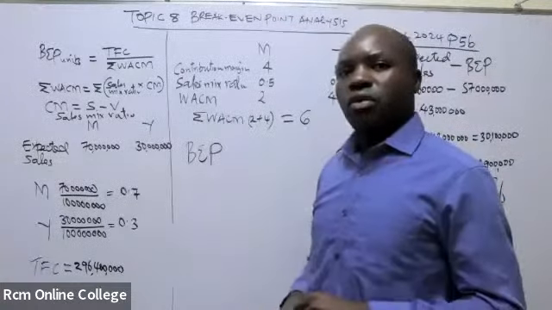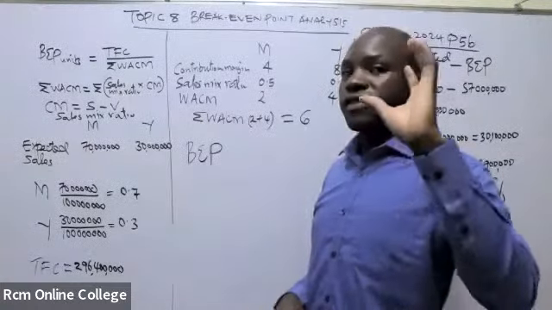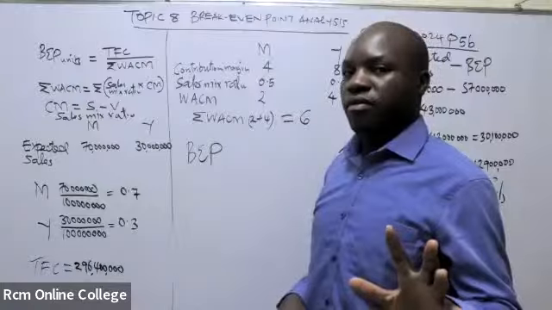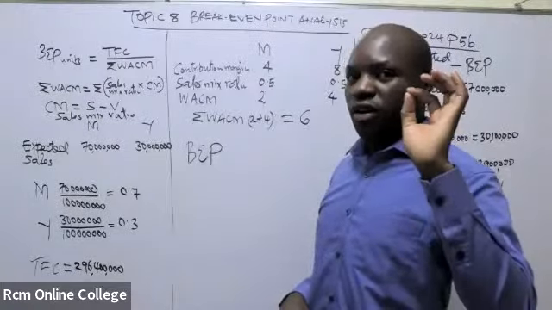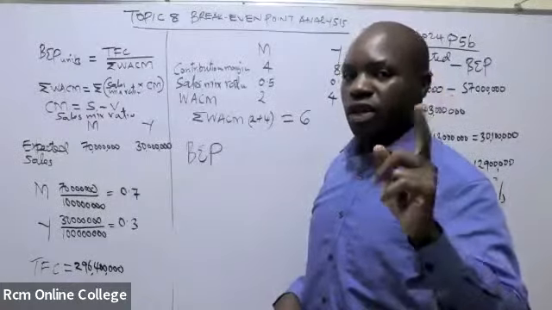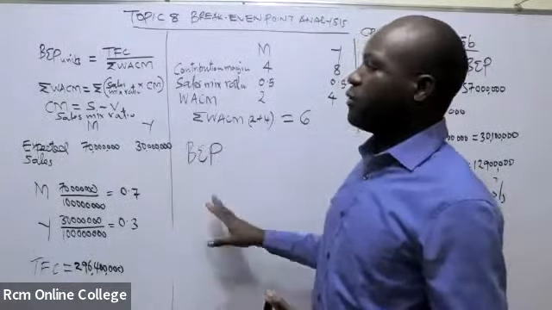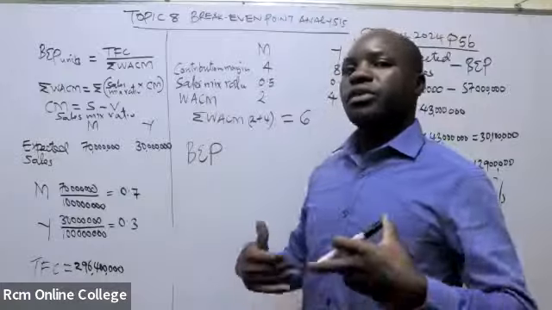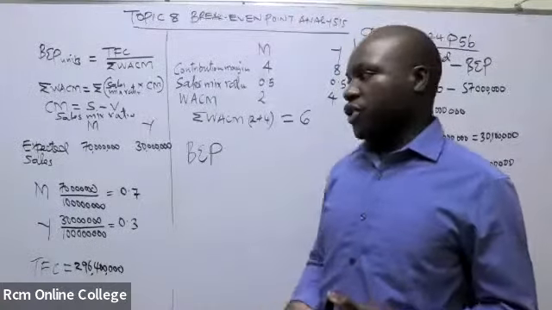Number 2, we are getting the margin of safety in units, right? And of course, we have been able to see we can get the margin of safety for all the products, then distribute that using the sales mix ratio.